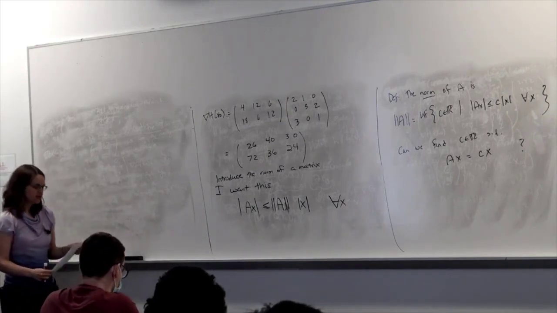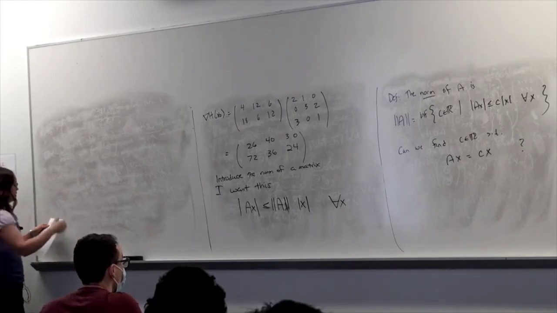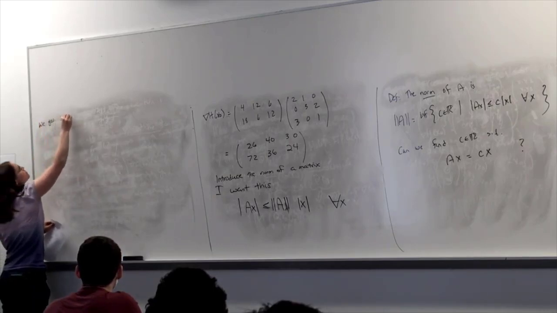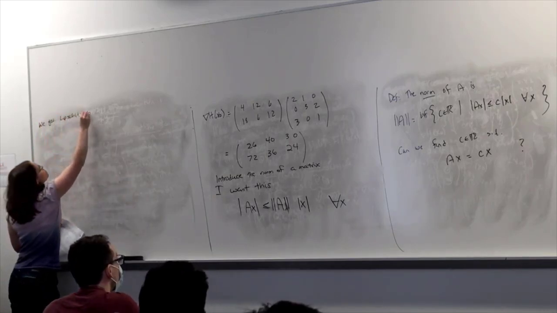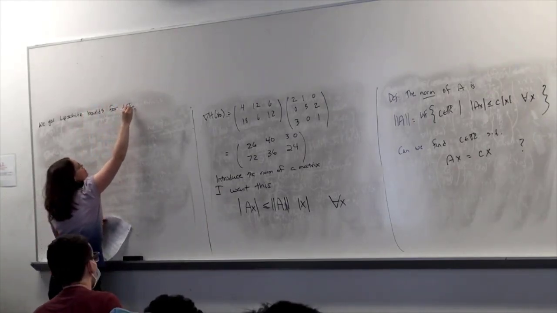Differentiable mappings, there's other kinds of bounds that we can put on them. So we get Lipschitz bounds for differentiable mappings.